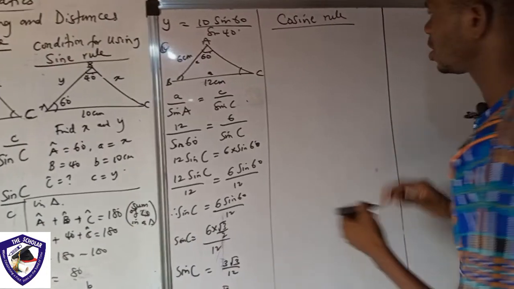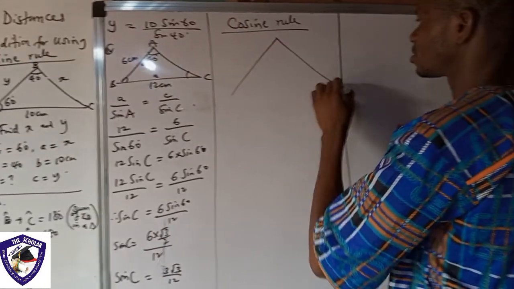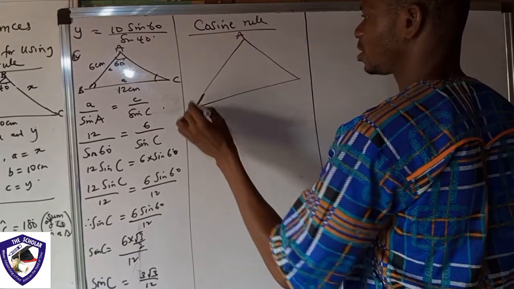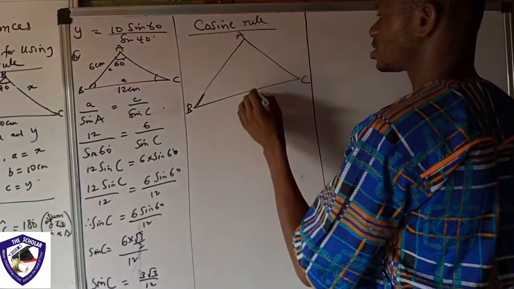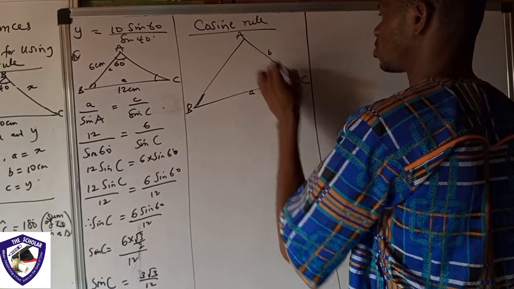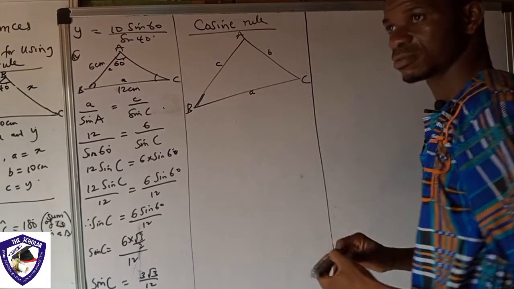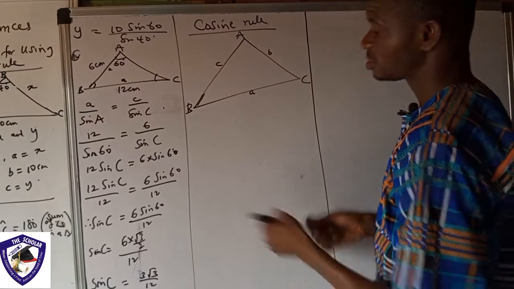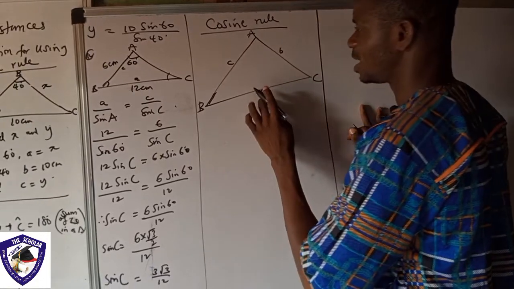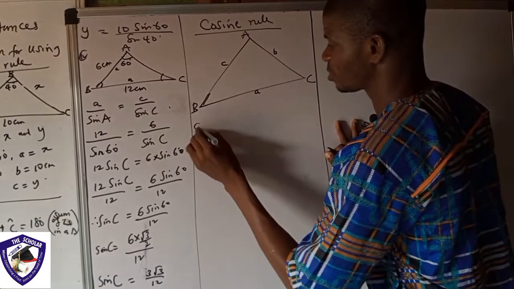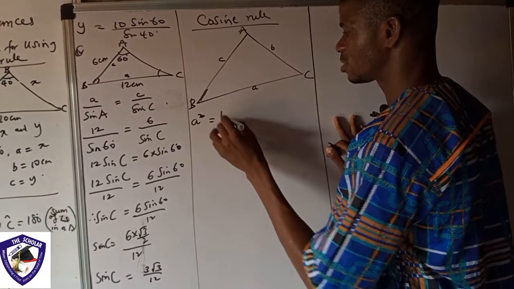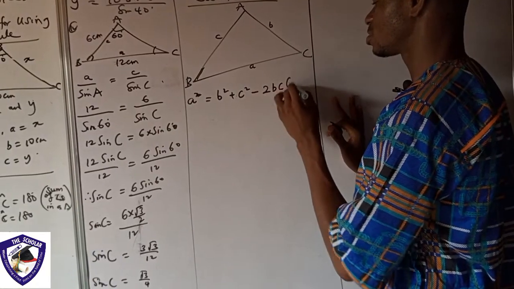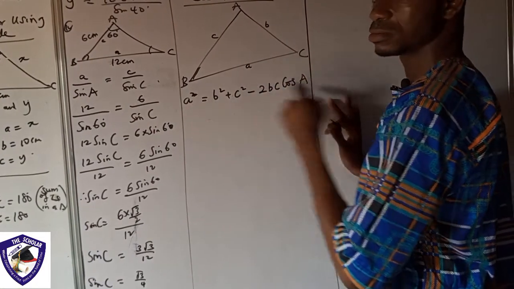For our cosine rule, let's say you are given a triangle ABC with sides small a, small b, and small c. According to the cosine rule formula, the first one is: when you take the side, then you take the other sides. So the square of the first side, a squared, is equal to b squared plus c squared minus 2bc cos the angle.